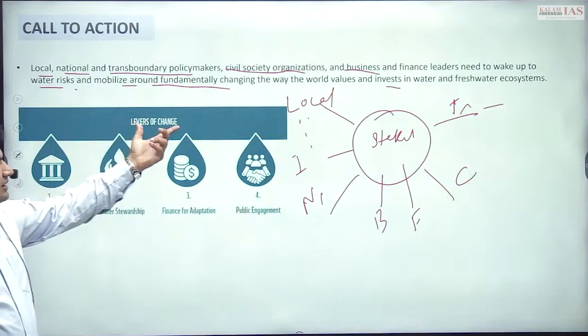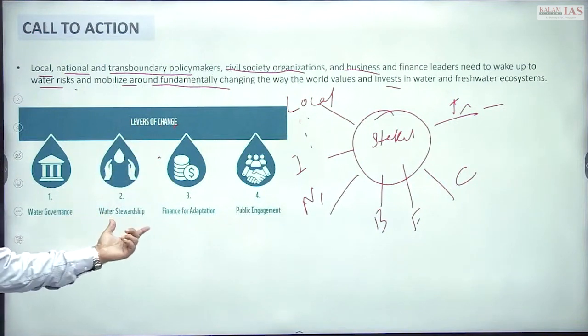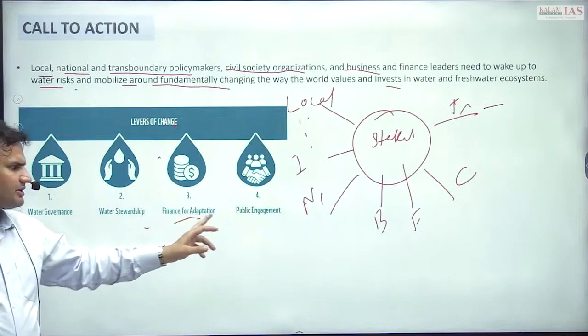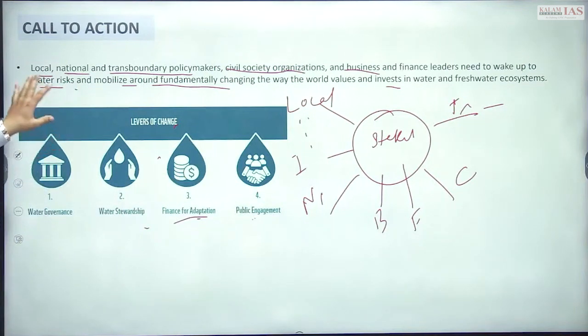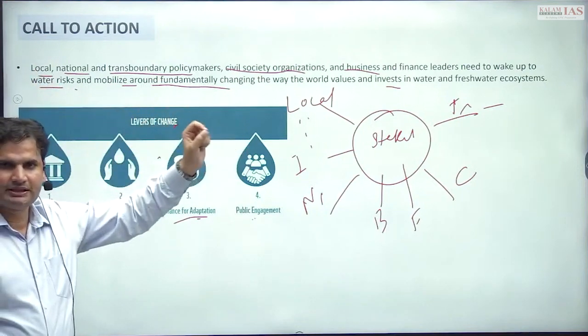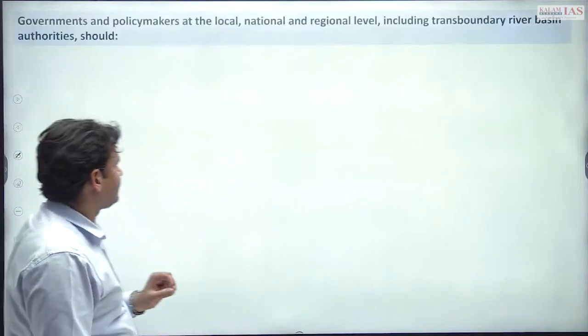And who are the levers of change? Water governance, water stewardship, finance for adaptation, public engagement, everything is being required. So one by one, we will touch upon these stakeholders, because these have been provided as a recommendation by the report itself.